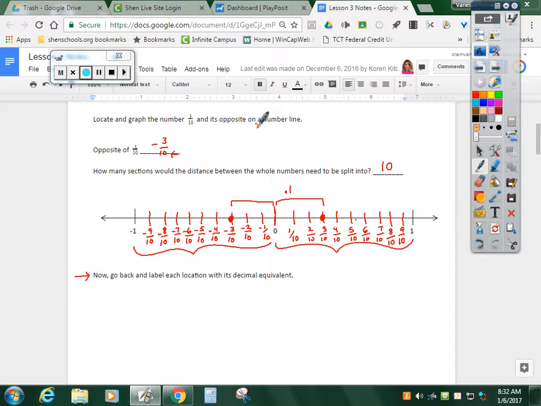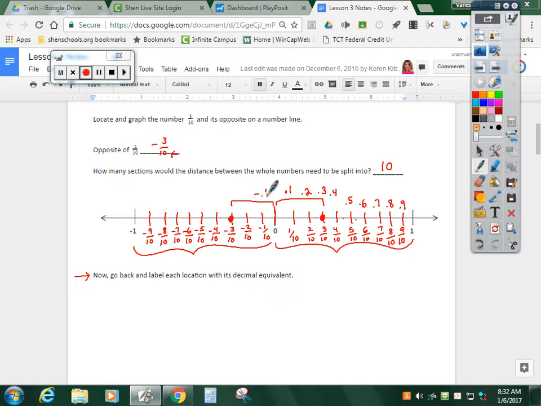Now this is 0.2, 0.3, 0.4, 0.5, 0.6, 0.7, 0.8, 0.9, 1 whole. Okay, now we'll do the same thing counting in the negative direction.